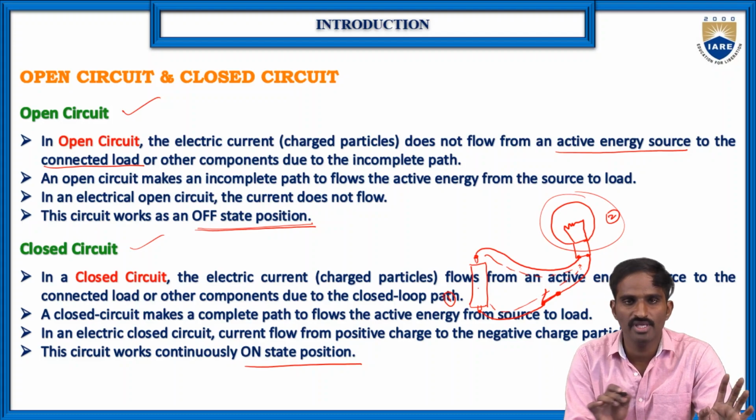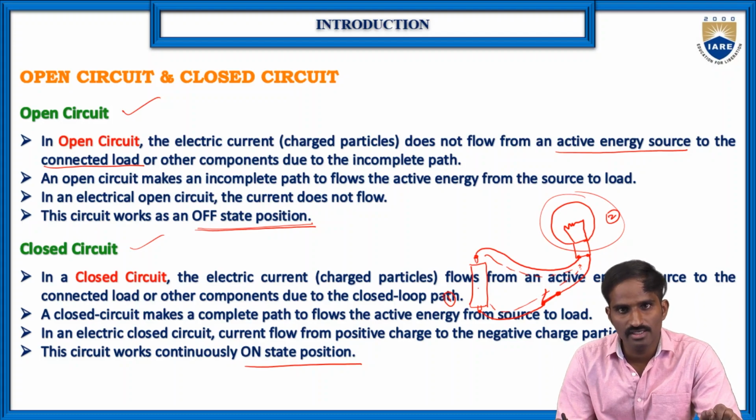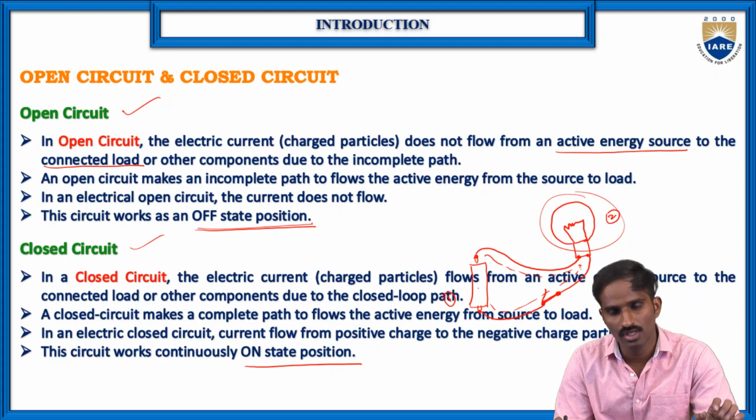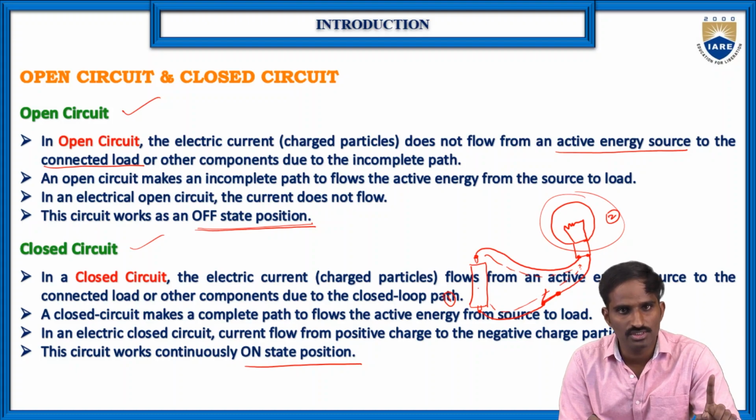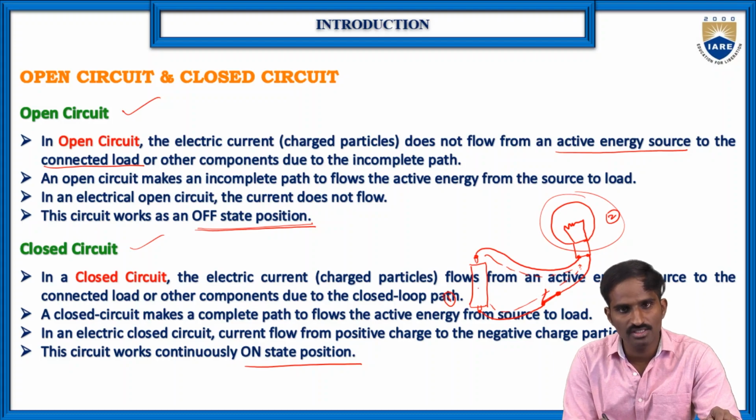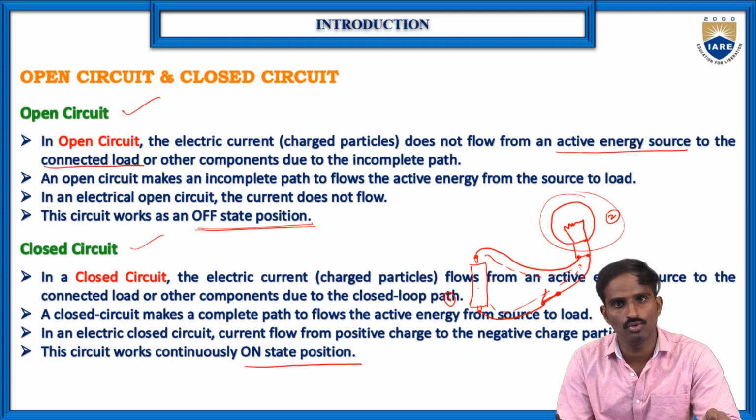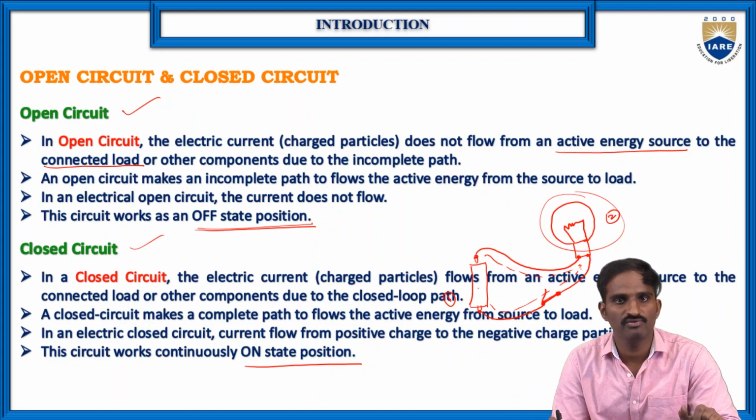Turn off means you are making an open circuit, so the current does not flow from the source to the load, and that is why it is in the off position. When you close the circuit, you are turning on the switch, so the current flows from the source to the load, and that particular equipment turns on. This is the difference between the open circuit and the closed circuit.